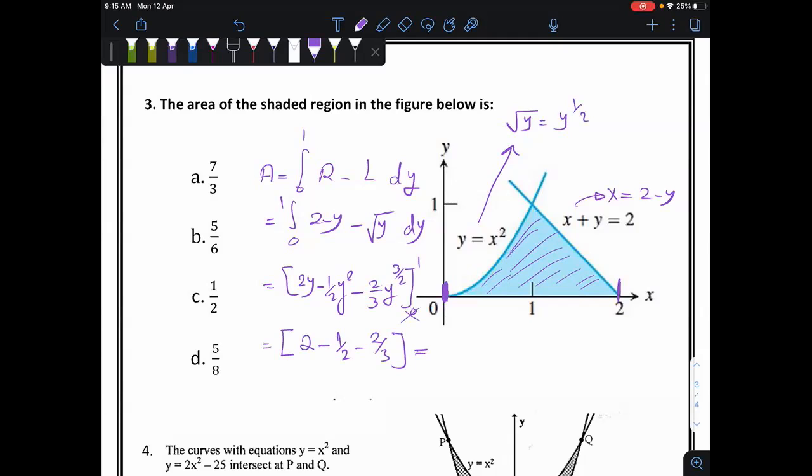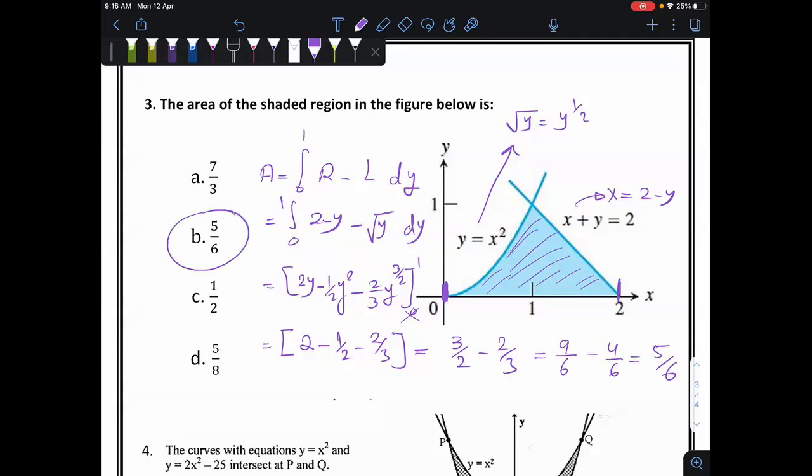Right? 1 and a half minus 2 over 3, 3 over 2 minus 2 over 3. Yes. 9 over 6 minus 4 over 6. So it's 5 over 6. So your answer is B.